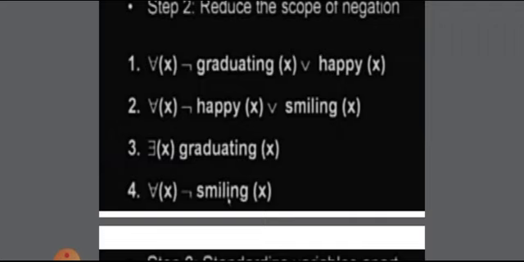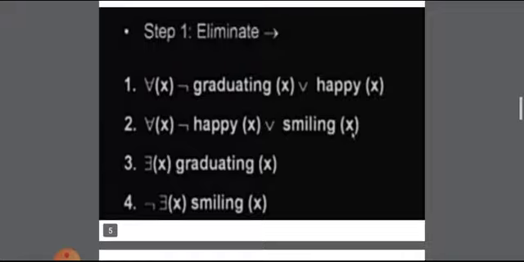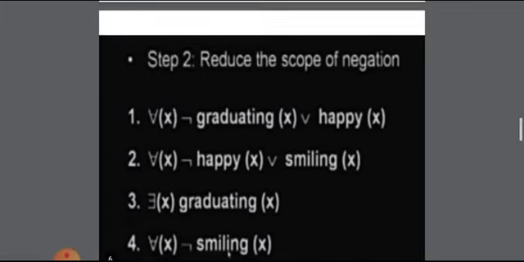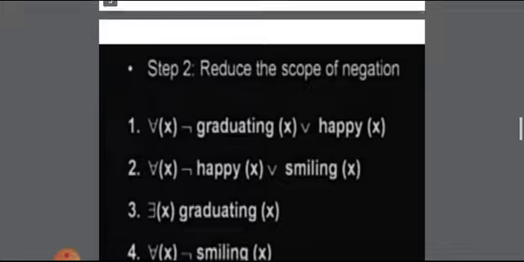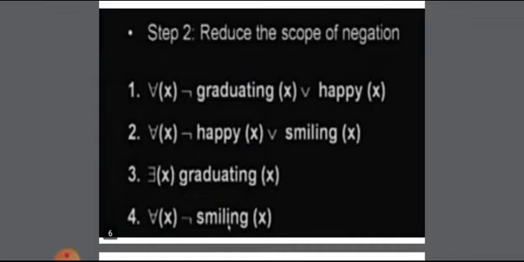In the remaining statements above we don't need to reduce the scope of negation, but in the last statement we reduced the scope of the negation symbol. In the fourth it was for the whole statement, and after reducing that scope we wrote the fourth statement as universal of x such that negation of smiling of x.